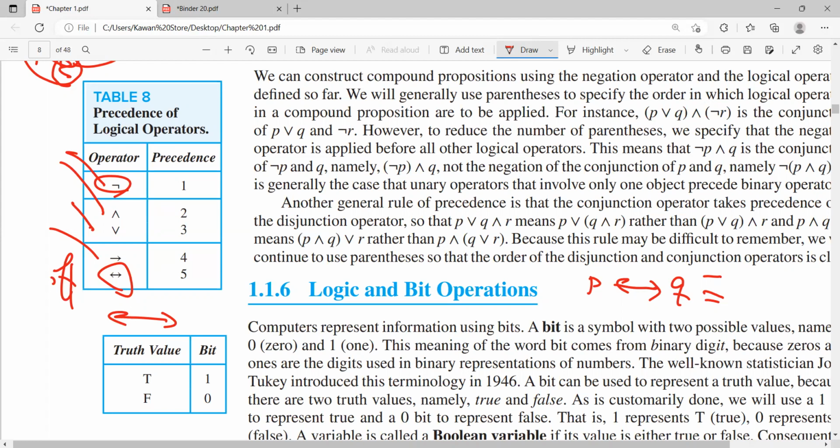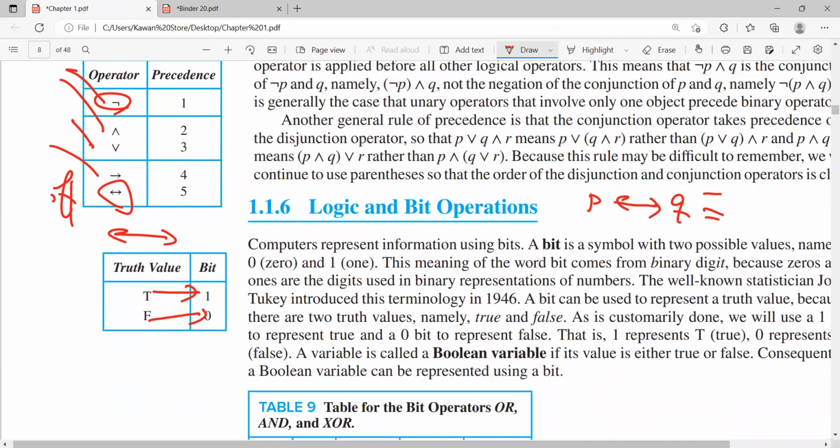Now we have a bit for the operators: for true we put 1, and for false we put 0, like a switch, like a computer. The same thing is true here. We can use true and false, and it's called Boolean. Boolean is in a sub-chapter that we have later, and we are going to use it more and more.